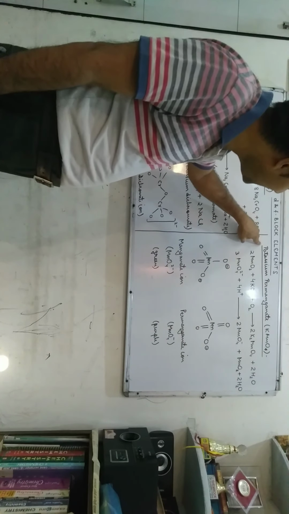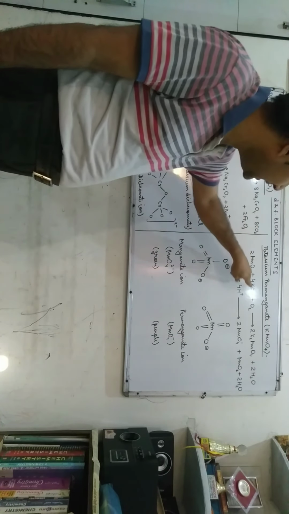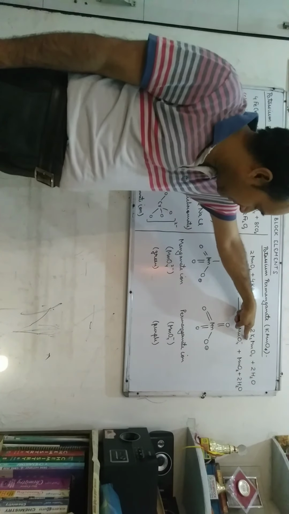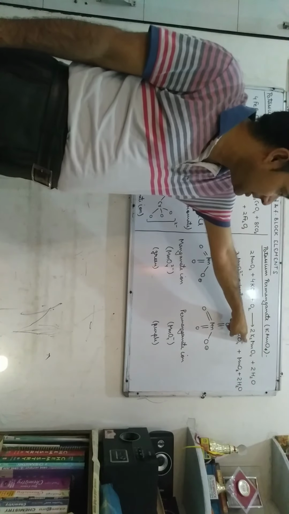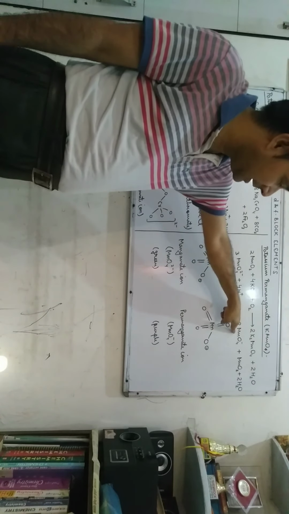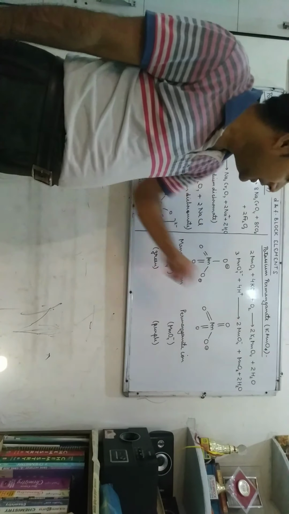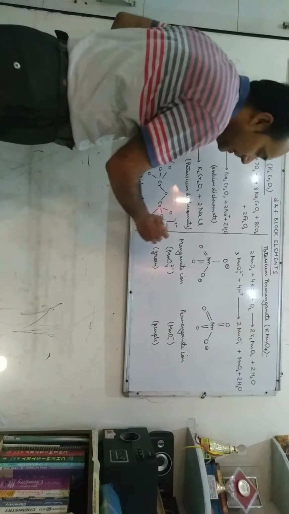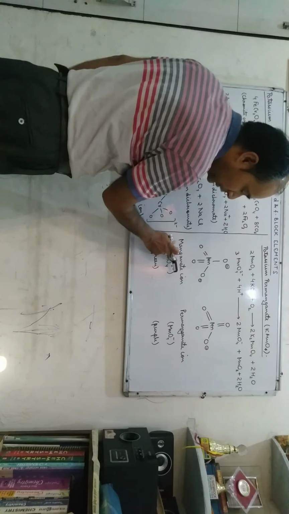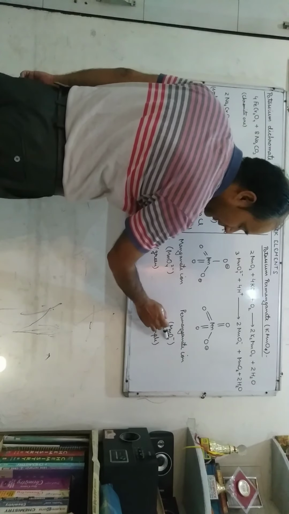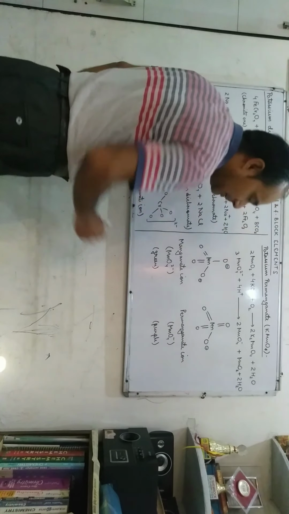It is prepared by the reaction of manganese dioxide with KOH to form green color potassium manganate solution, which on acidification gives potassium permanganate. The structures of manganate and permanganate ions are mentioned here. The manganate ion MnO4 2- is green in color, while the permanganate ion MnO4 - is purple in color.